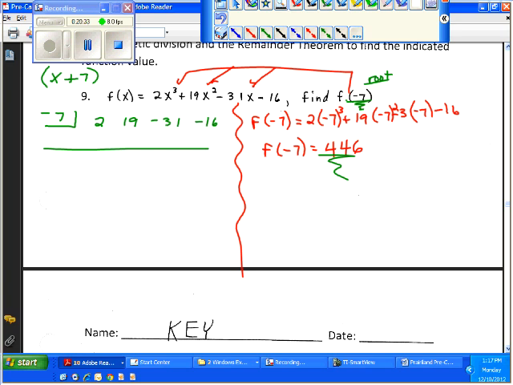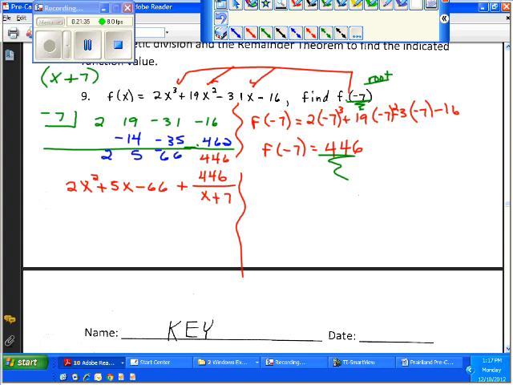So let's see. We're going to bring down, multiply, add, multiply, add, multiply, thank you, multiply, you get 462, add, so we would have 2x squared plus 5x minus 66 plus 466 over x plus 7.